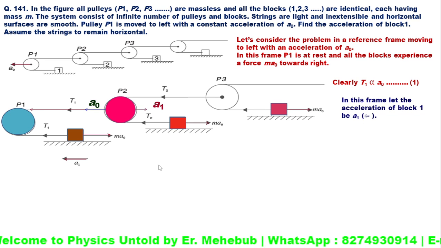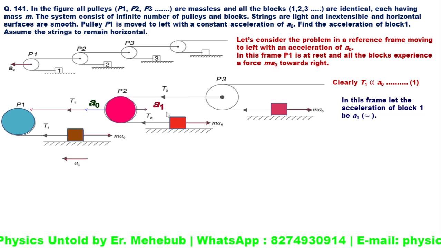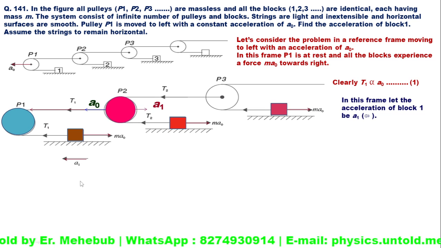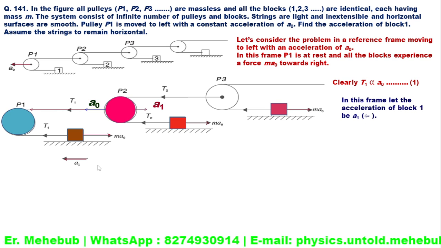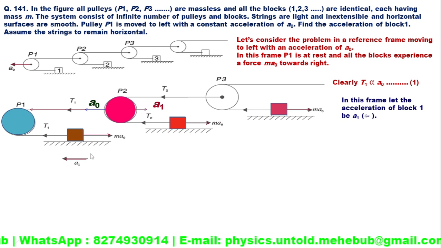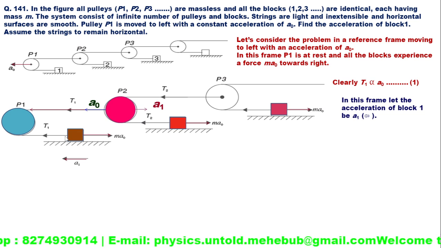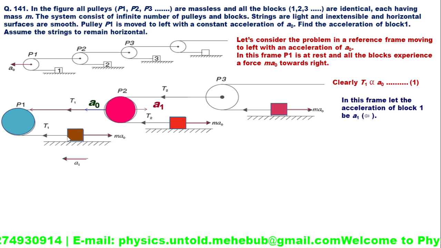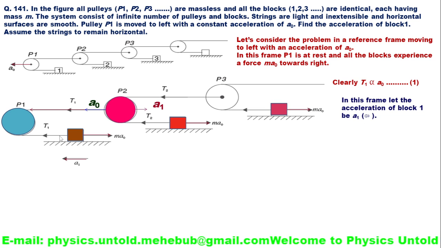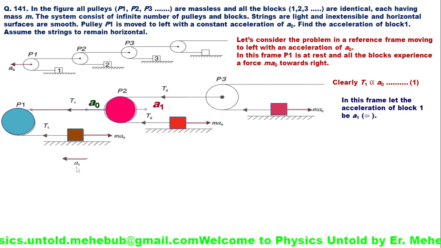So its acceleration is a1, because here the applied acceleration, or the acceleration experienced by the block 1, is a1, which is acting in the leftward direction. Therefore, there will be a pseudo acceleration, so it may be considered as a real or applied acceleration.